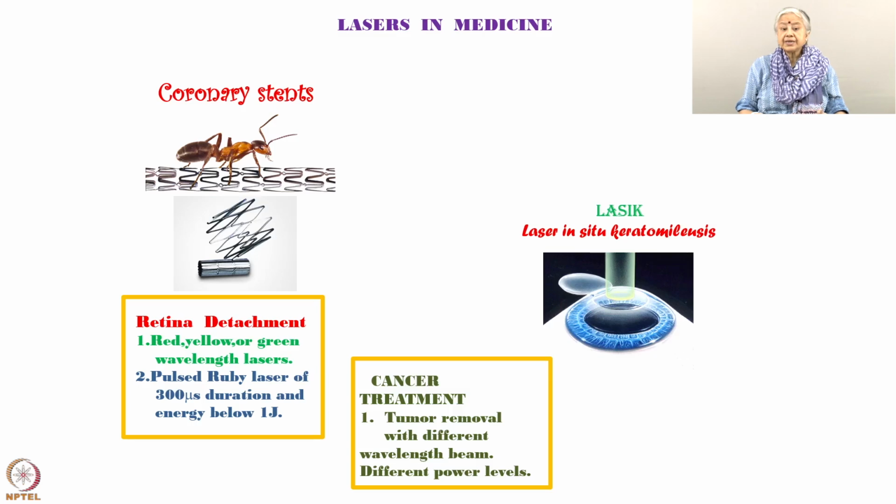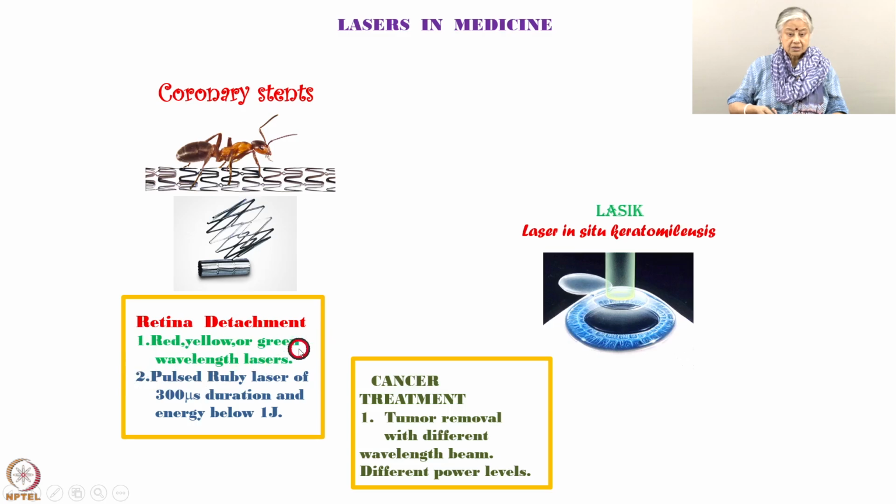So, as you know, the retina comes at the end of the eyeball, and the front part is of course the lens. The lens of the eye acts as a focusing device, which will focus, say, a red laser, yellow laser, or green wavelength laser.